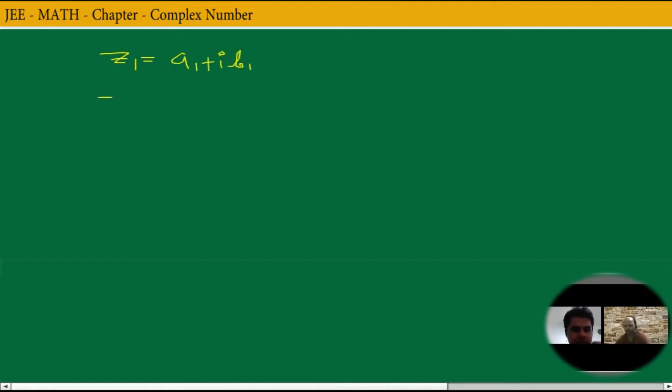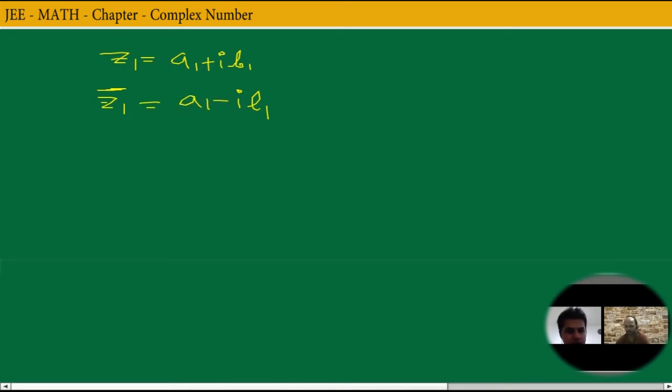Then Z1 bar is a special notation, not equal to Z1 in general. How will you define this? We just have to change the sign before I. This is called the conjugate.